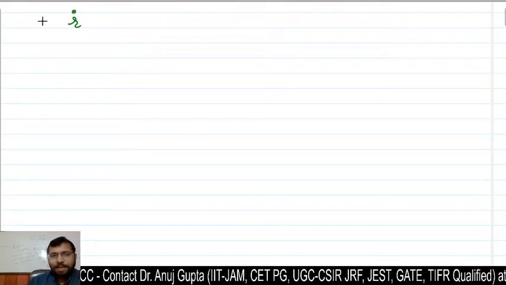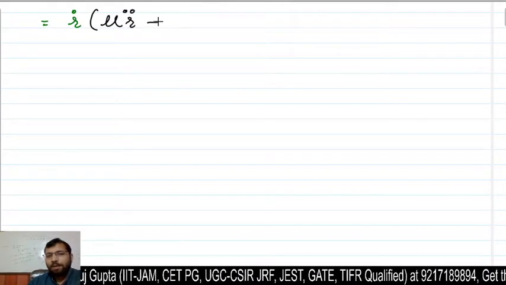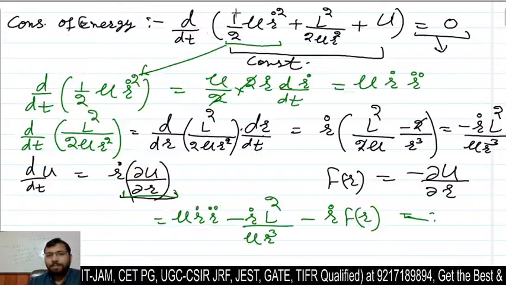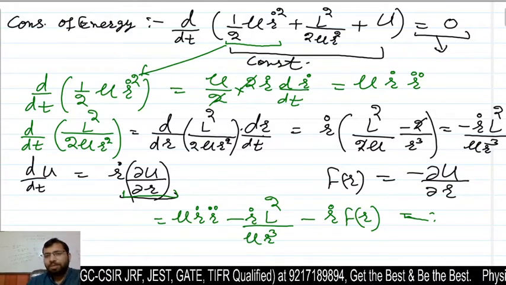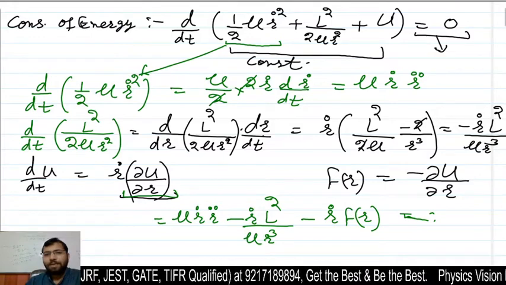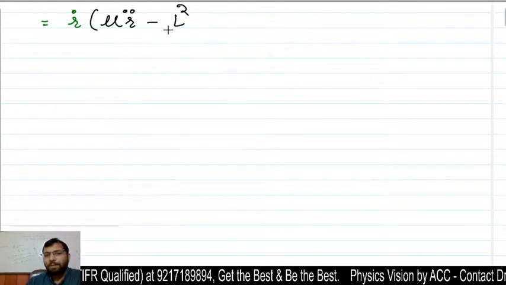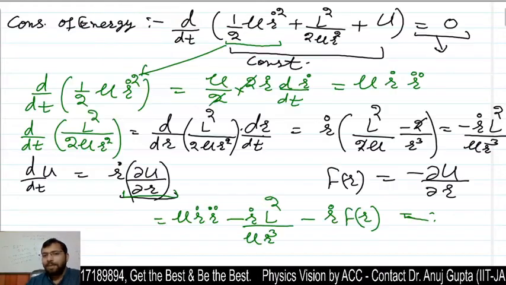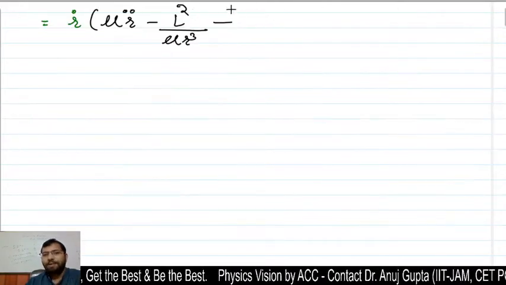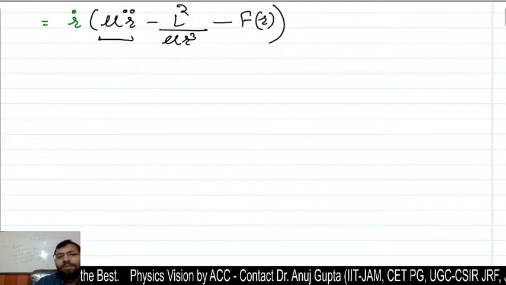What we are left out with? r dot मैंने बाहर निकाल लिया और बाकी क्या बचा उसे मैं लिख रहा हूं. म्यू आर डबल डॉट माइनस एल स्क्वायर बाय म्यू आर क्यूब, which is actually derivative of something, वो भी देख लेंगे, ठीक है. और माइनस fr, ये आर डॉट बाहर निकल गया, fr अलग से आ गया. Okay, now this was given by the first expression.